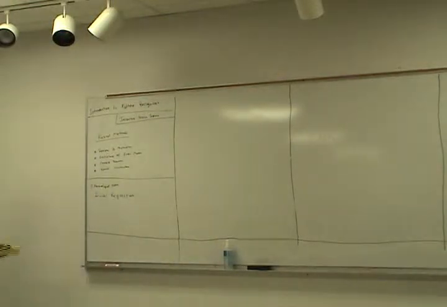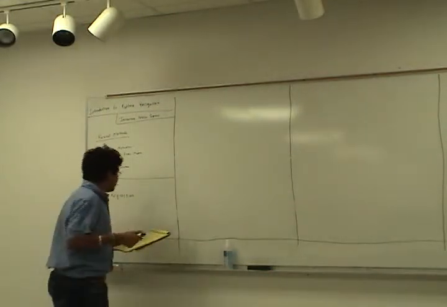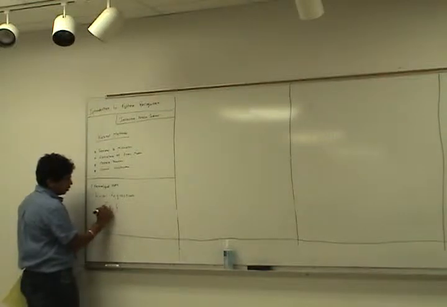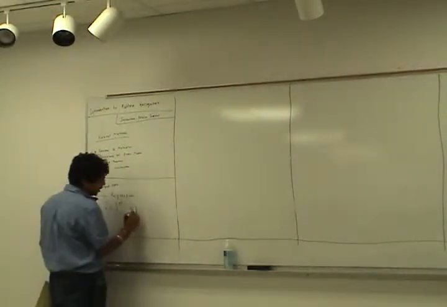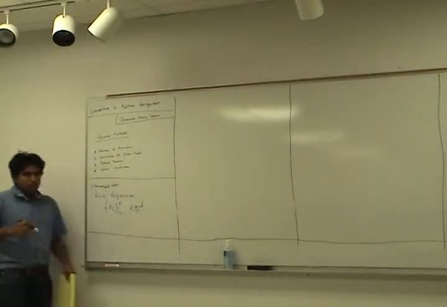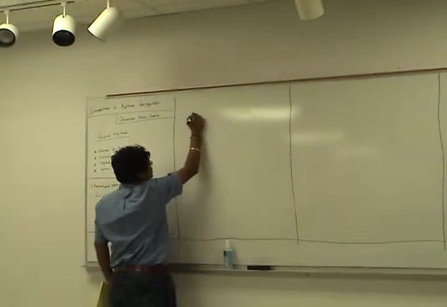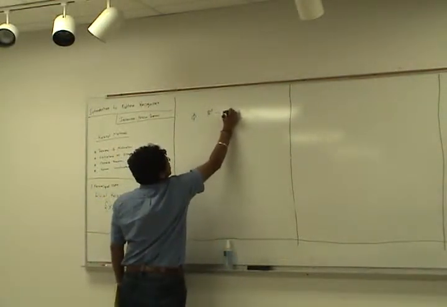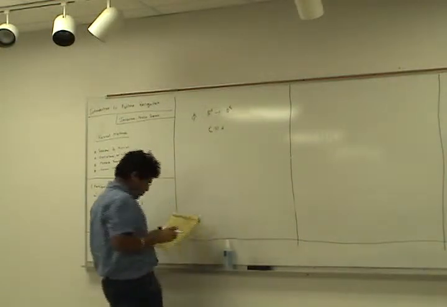So in both SVMs and dual regression, we saw that kernels came in very naturally. Given a set of data points, i equal to 1 to n, which lie in R^d, we saw that we map these data points from R^d to some R^zeta, where zeta is much greater than d.